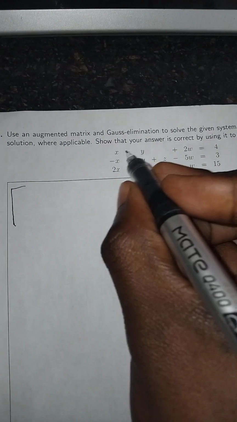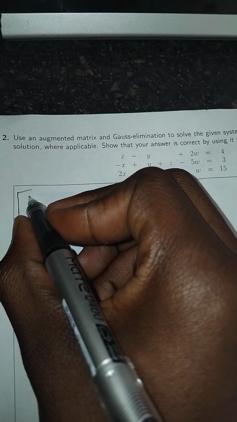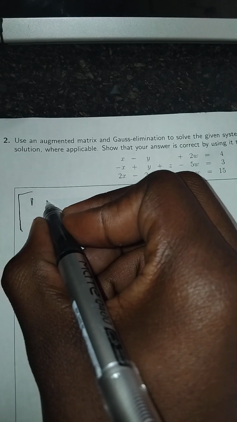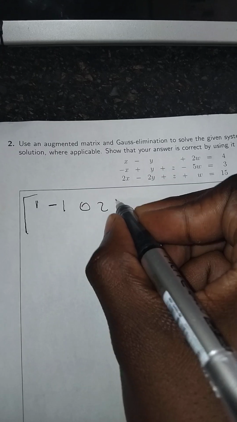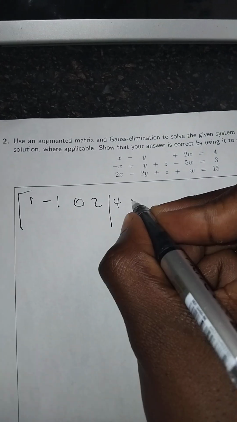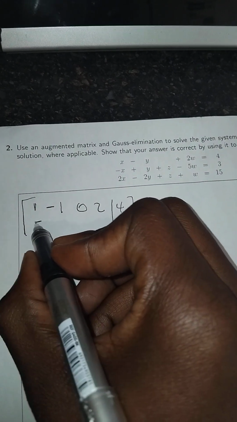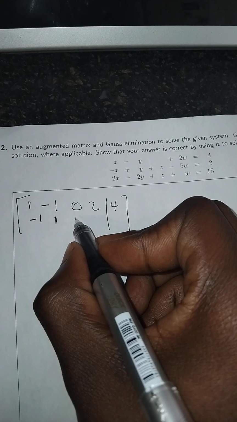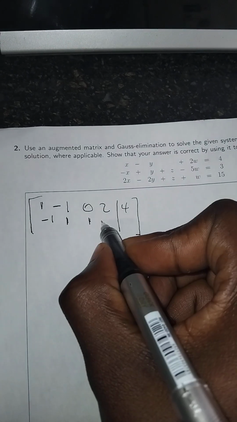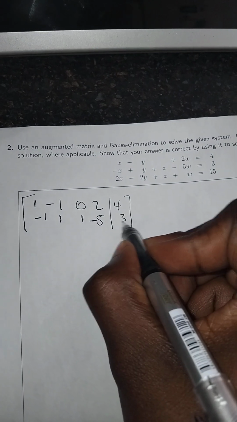So the augmented matrix is going to be 1, minus 1, 0, 2, equals 4 on the first row. Then we want minus 1, 1, 1, minus 5, 3.